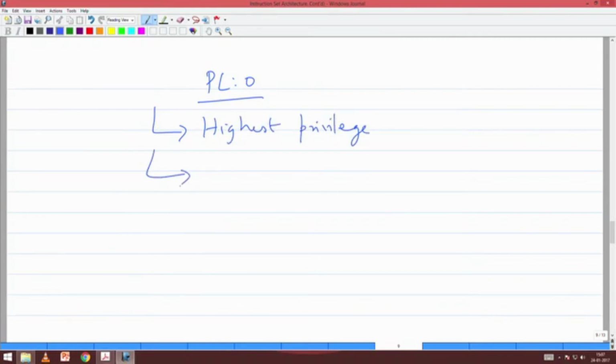There are certain instructions that could be executed only by privilege level 0 code. Those are called privileged instructions. These will be executed only by privilege level 0 code, no other can execute them. If I am a privilege 3 code, I can't do it. You getting? So, these are privileged instructions.